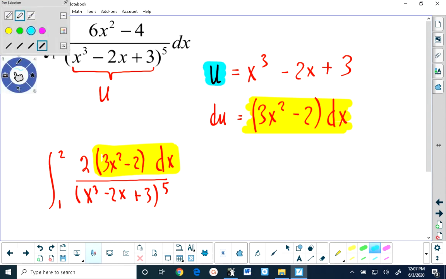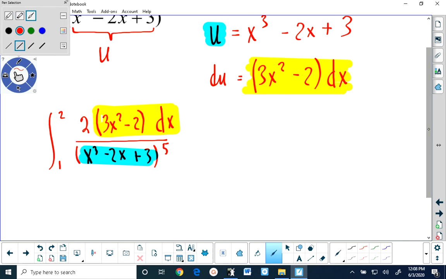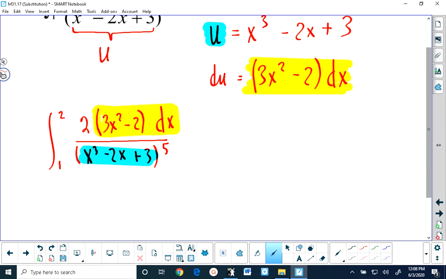U is what's in brackets on the bottom, which means my integral now will be an integral of 2 du, this part was du, over u to the 5.